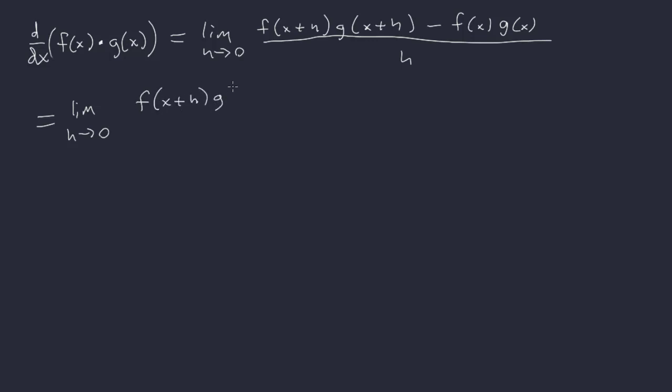Okay, so I have the f of x plus h times the g of x plus h. And what I'm going to do is subtract here, let's do f of x times g of x plus h, and then I'm going to add the same thing.